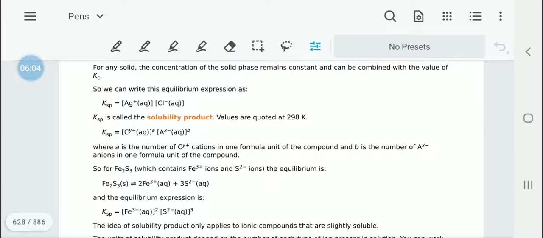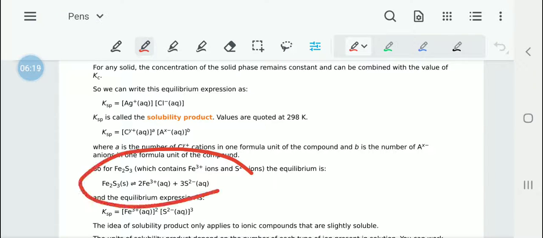Fe2S3, Fe3 plus and S2 minus ions are what we have. So we have Fe2S3 solid in equilibrium with 2 Fe3 plus aqueous and 3 S2 minus aqueous. So this is the equation we are talking about.